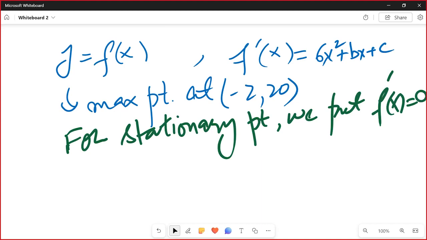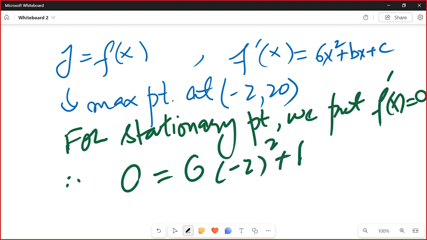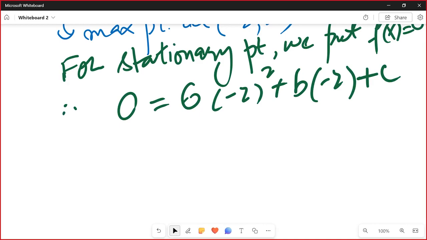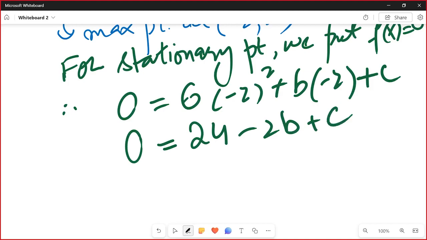So we put 0 is equal to 6x square plus bx plus c. It's a reverse problem, so they have given us the point, so minus 2 square plus b into minus 2 plus c. So this becomes 0 is equal to 6 times 4, which is 24, minus 2b plus c.